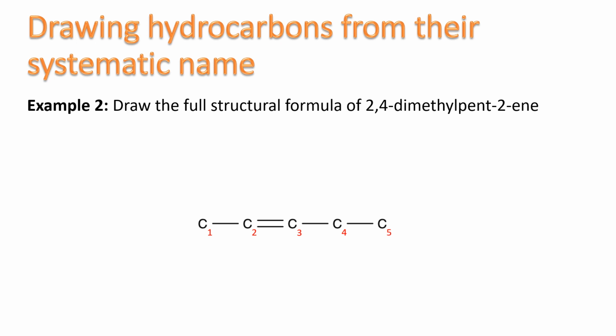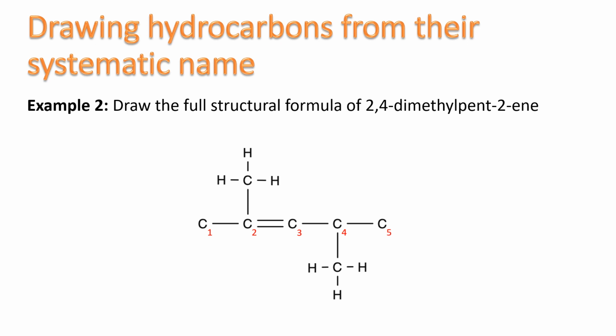Step 3 is to draw any branches. Now, our name says 2,4-dimethyl. Dimethyl tells us there are 2 methyl branches. The 2,4 tells us that one of those methyl branches is on carbon 2, and one of those methyl branches is on carbon 4. So if we look here, we now add our methyl branches on.